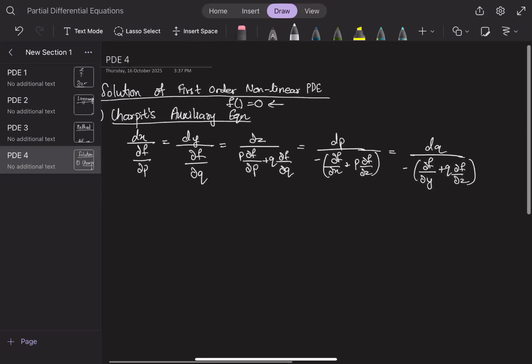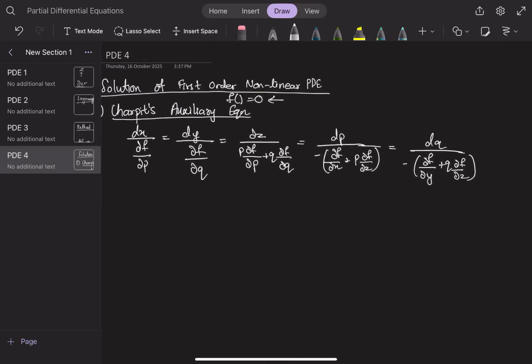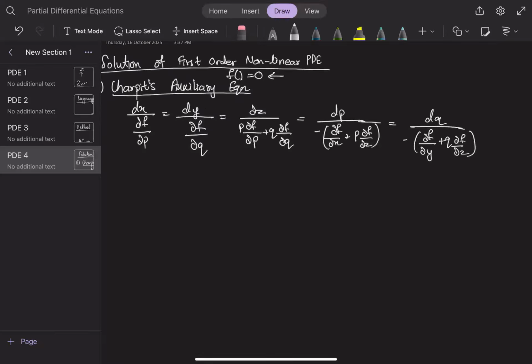So this is the entire equation. It's a very lengthy equation, but you have to remember it because you might need to pair any two of these to get your answer. So to write this a little more simply, we'll write it like this.